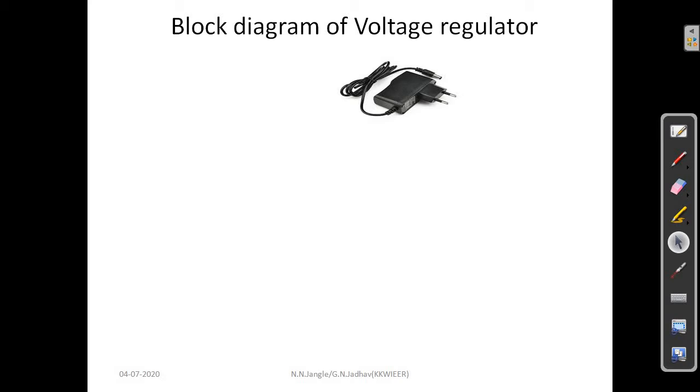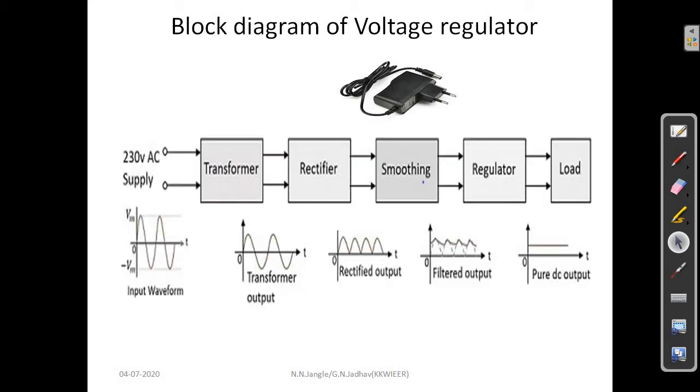The block diagram shown here consists of four important elements: a transformer, rectifier, filter, that is smoothing circuit, and regulator connected to the load. The output of DC power supply is used to provide constant DC voltage across the load.